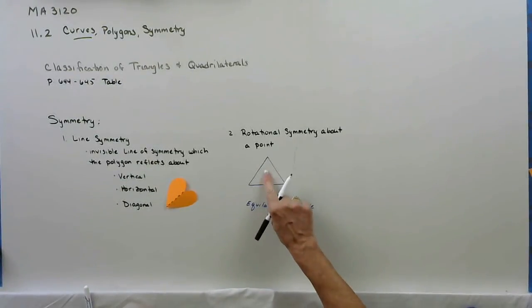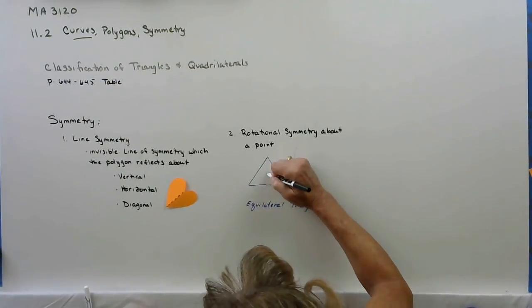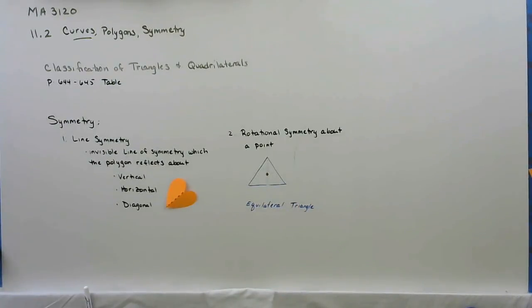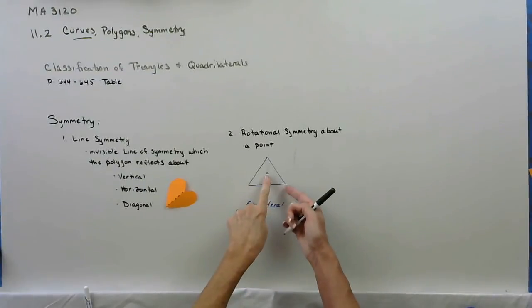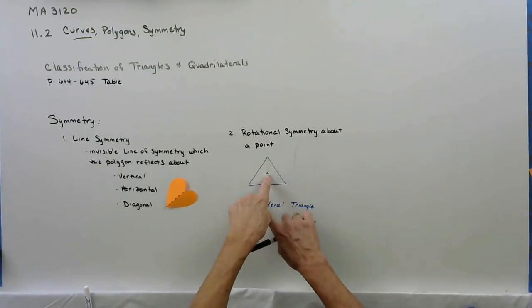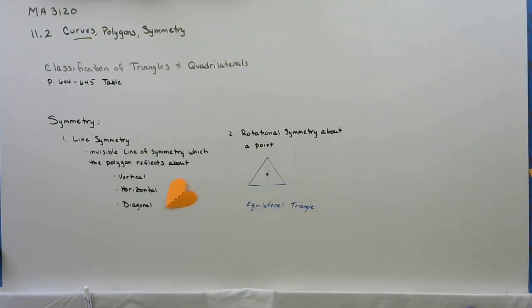But what I wanted to look at is rotational symmetry. Imagine you put a thumbtack right in the middle of this shape. If I put a thumbtack and rotate this either counterclockwise or clockwise, is there a point at which it will land right on itself? And the answer is yes. So this has rotational symmetry.